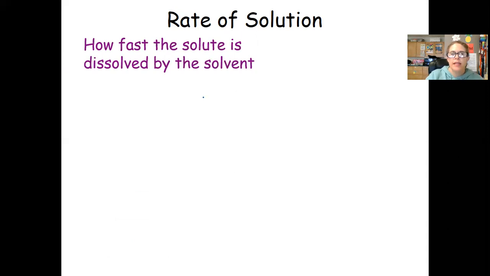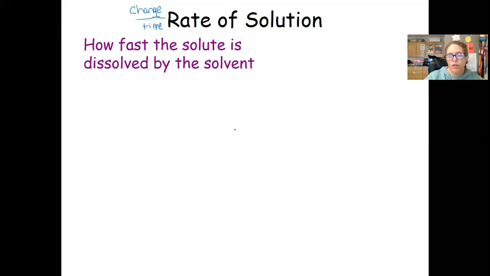Okay, so anytime you have the rate of something, rate means change over time, right? So we have interest rates, that's the amount of interest you're charged over time. When you drive on the highway, if the speed limit is 65 miles an hour, that's a rate, 65 miles over 1 hour.